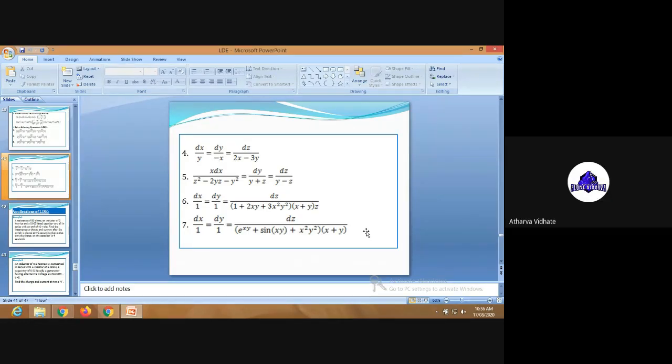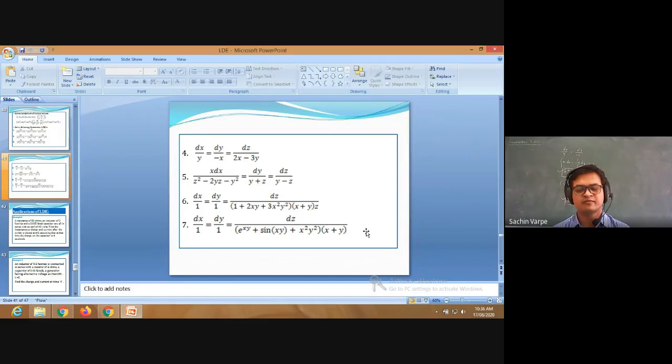But can we use that first solution to find the second? Check please. When we use the first solution to find the second, one of the three ratios must contain the first solution, or a function of the first solution.